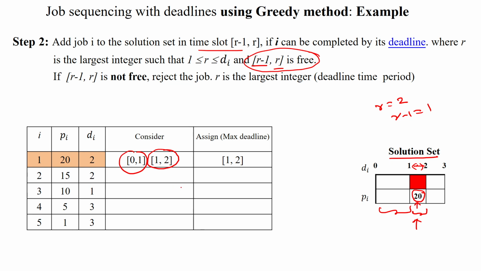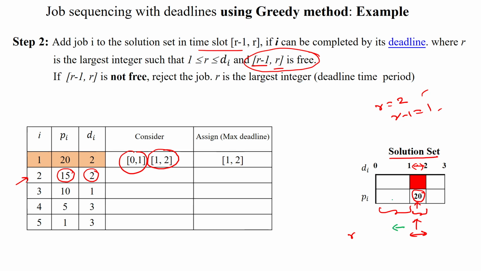Now we go to the next job. The next job has profit value 15 and the deadline is again 2. So again r minus 1 is 1, giving two options, 0 comma 1 and 1 comma 2. Of these two options, 1 comma 2 is already fixed with job number 1, so we go back to the previous slot.